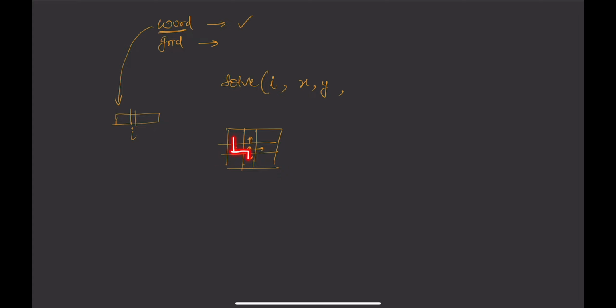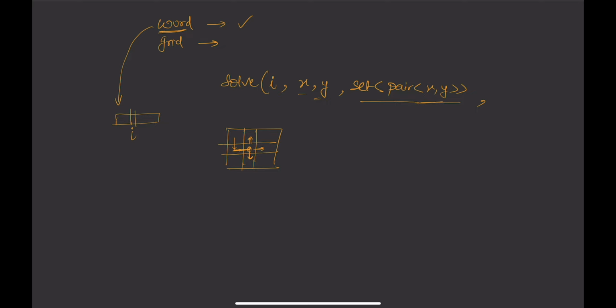So I should have a path. The path is nothing but a set of pairs of x and y, right? So which path I have taken so far, and from x and y I should be able to go in all the directions which are not in the path.